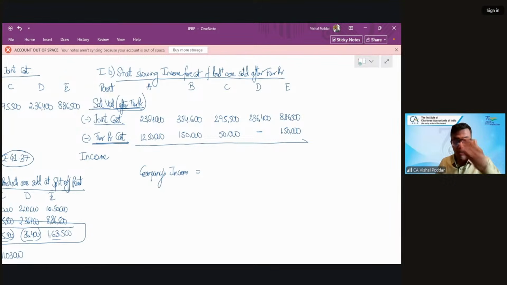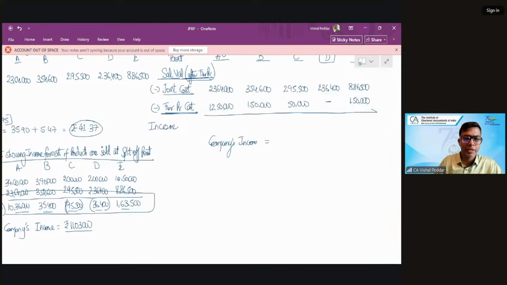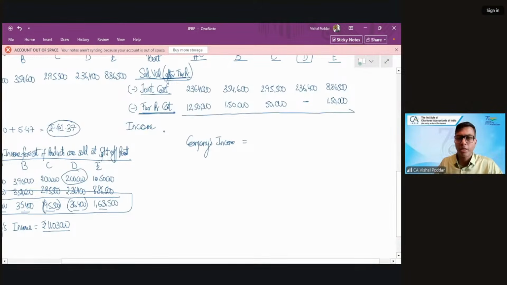This product D cannot be further processed, but still it will be sold. You will further process other products and sell them after further processing. D will be sold as it is. As it is means D will get the same sale price as it had here. So the sale price will be same.